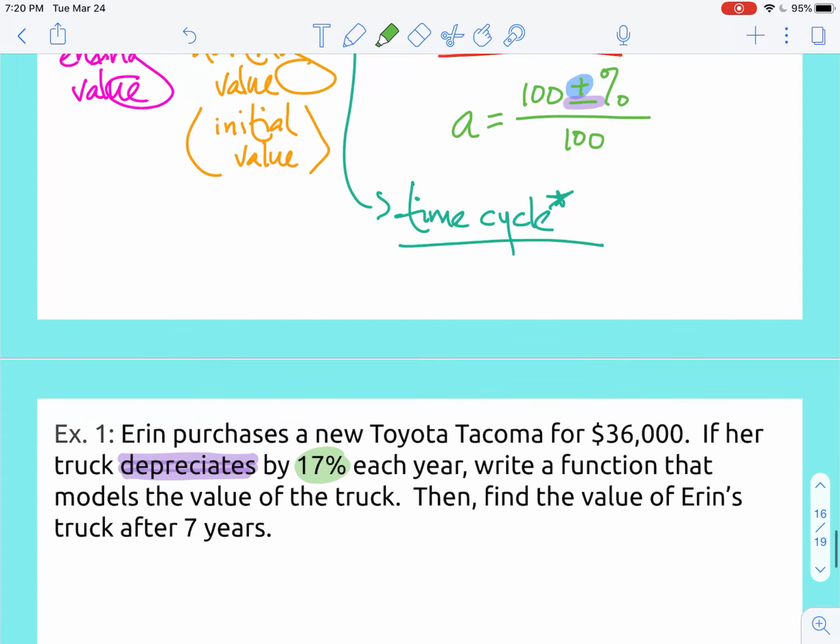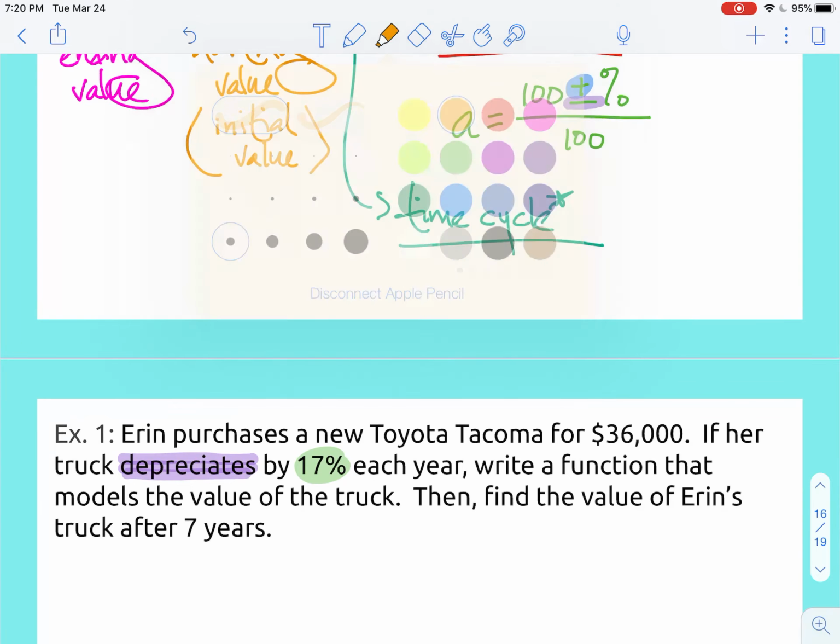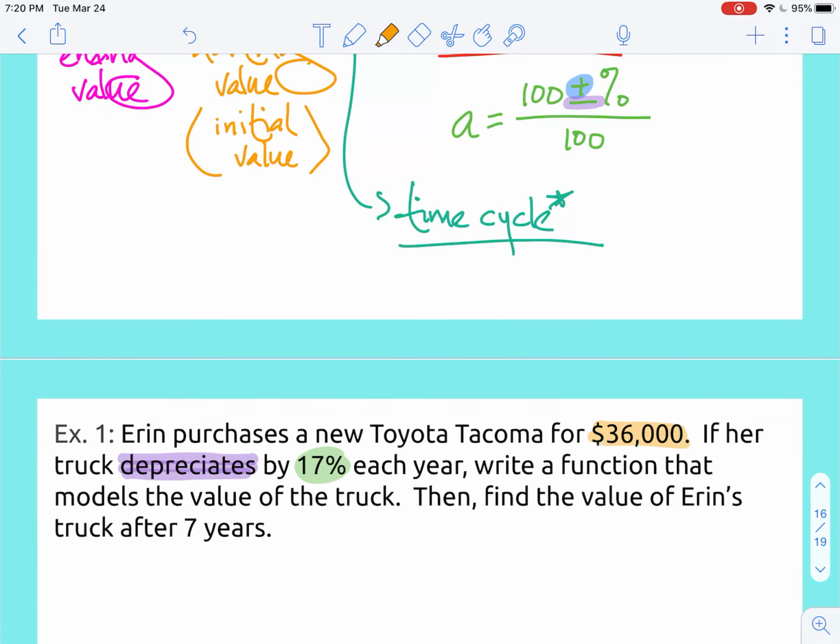We can, however, also identify our initial value, or our b value, from our equation. That's usually pretty straightforward in the word problem.